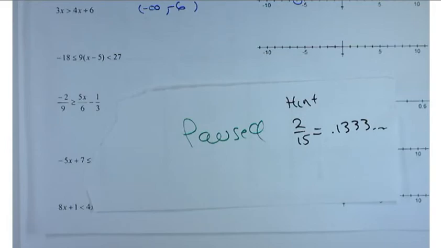We got a little hint on the board in case you don't have your calculator out. 2 over 15 is about 0.1333333. Just throwing that out there.